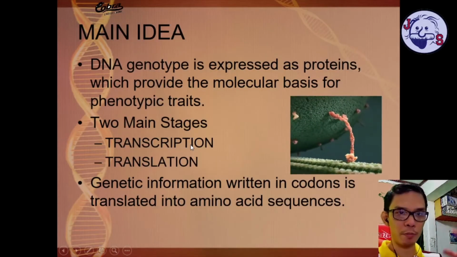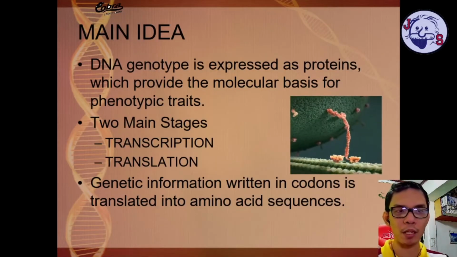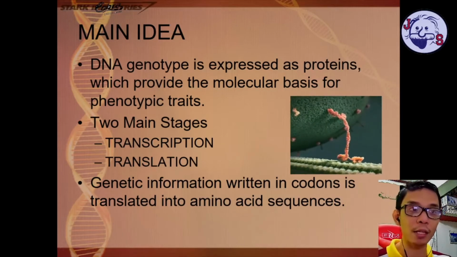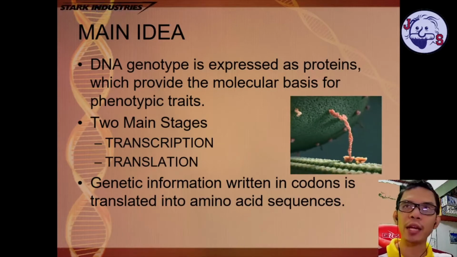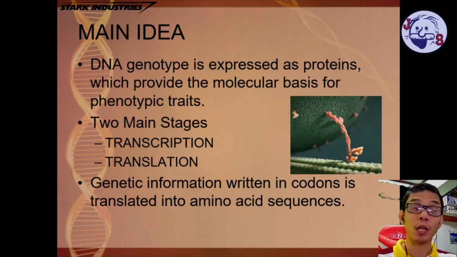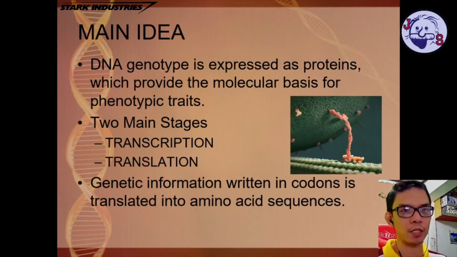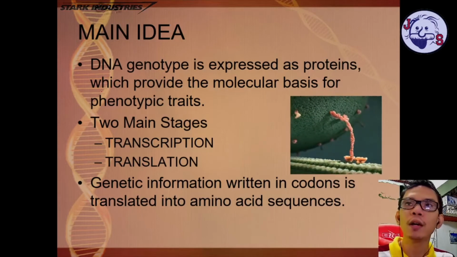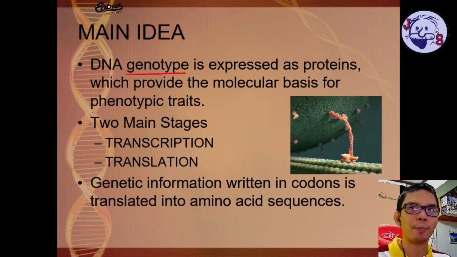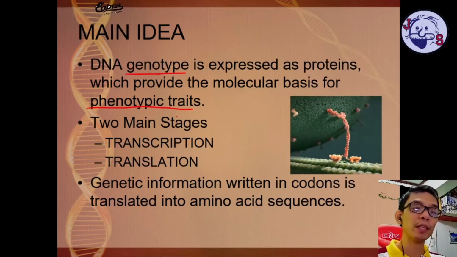Alright, before we go to the main process, let me prime you with some ideas. The DNA genotype is expressed as proteins, which provides the molecular basis for the phenotypic traits. As we recall, what do we mean by the genotype, and what do we mean by the phenotype?